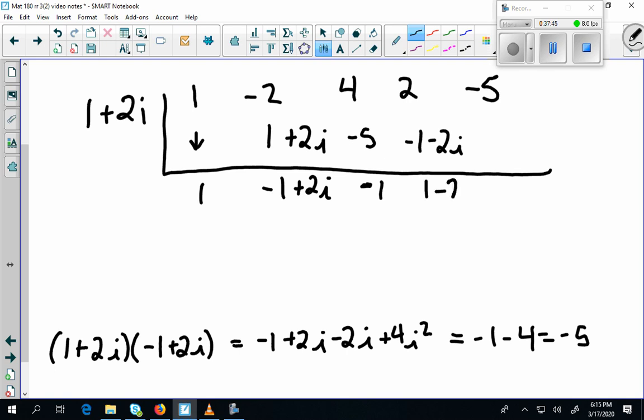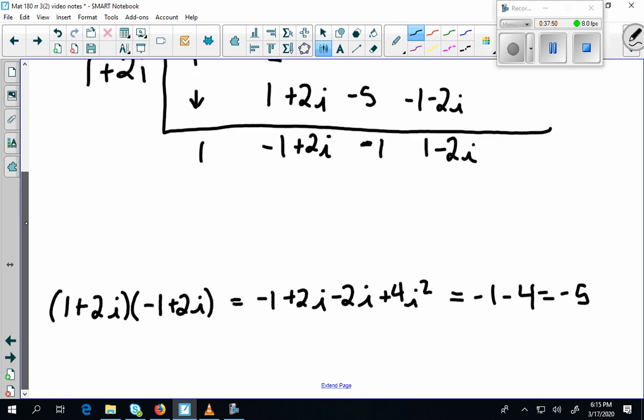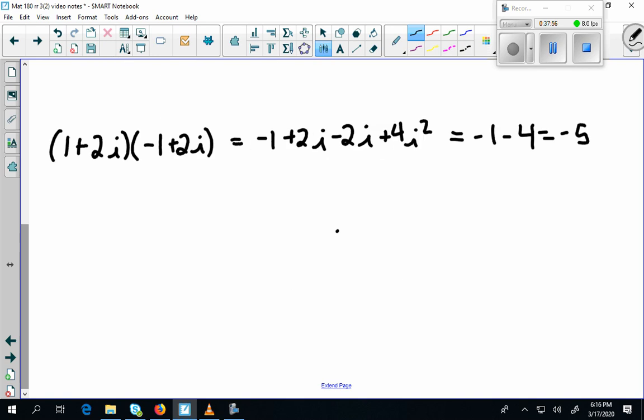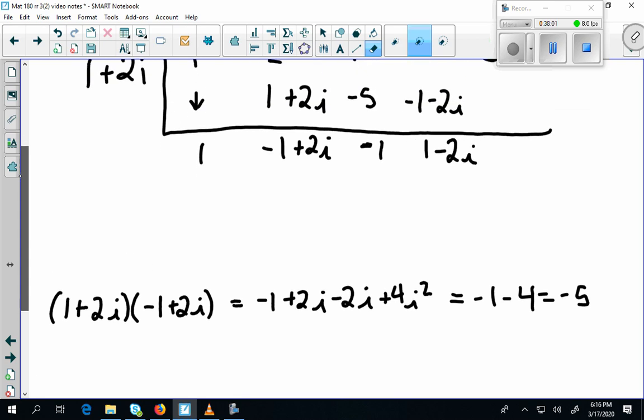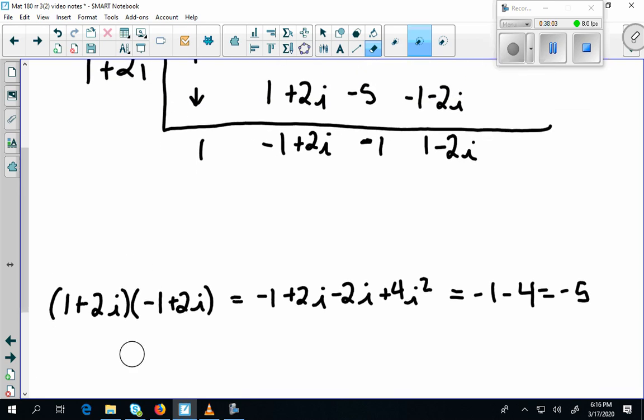And then minus 2i. And look at what happens here. So I have 1 plus 2i, that's my divisor that I have to multiply by this guy here, 1 minus 2i. That sounds familiar. You should already know what happens when we multiply that.